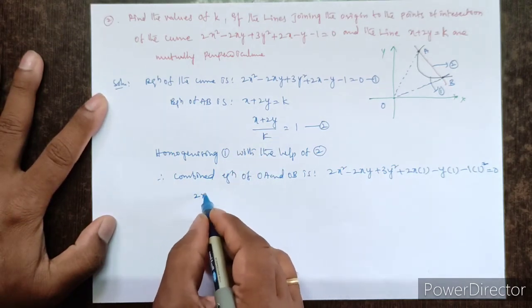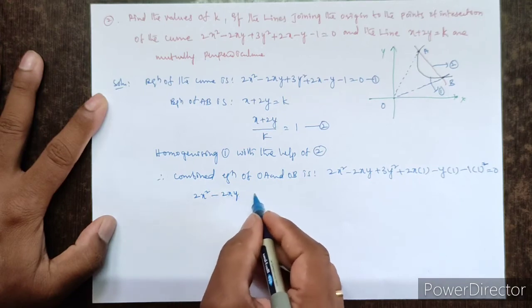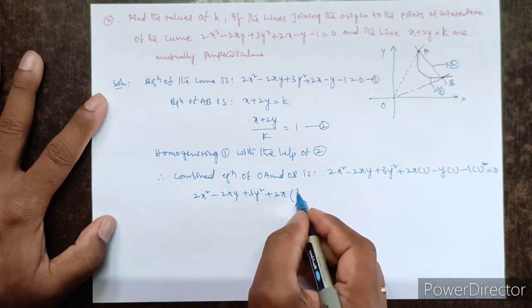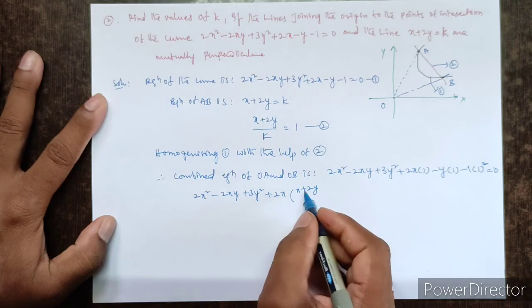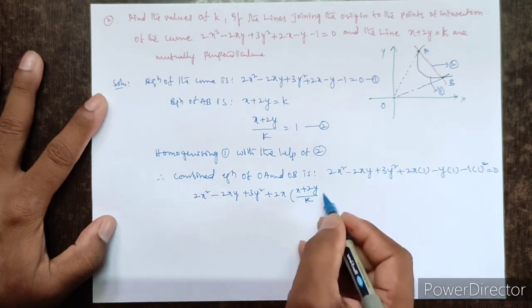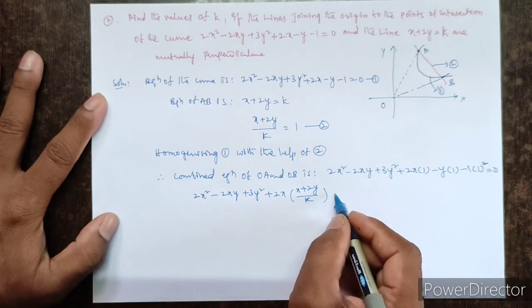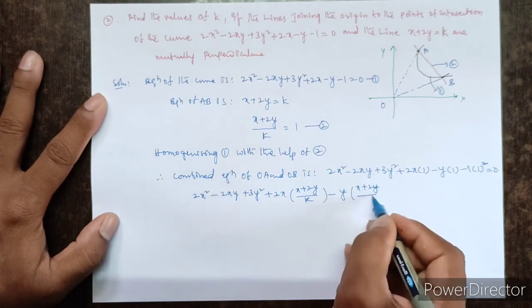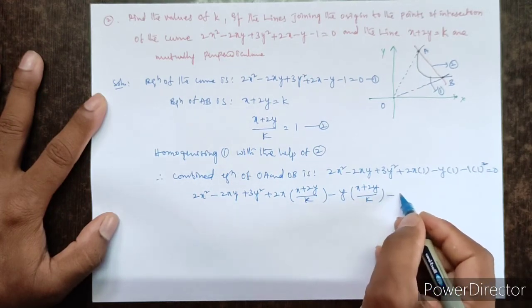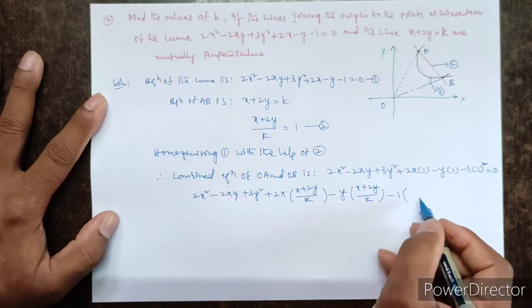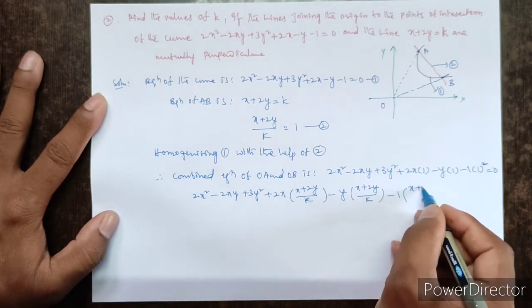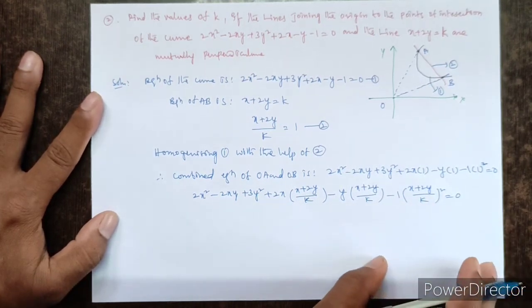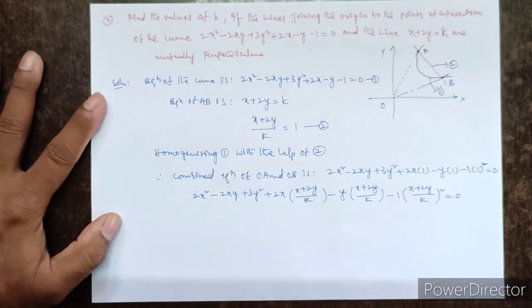Then 2x square minus 2xy plus 3y square plus 2x of x plus 2y by k, minus y into x plus 2y by k, minus 1 into x plus 2y by k whole square. Just you can simplify this one.